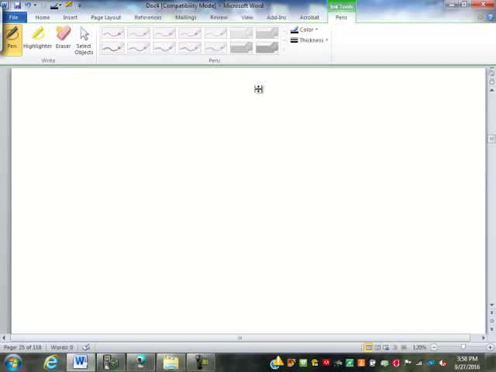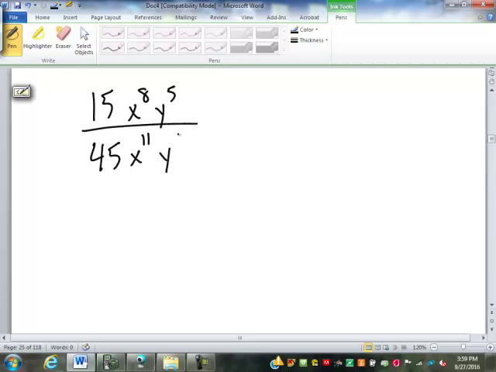So we might have something like this. If we're told to reduce this fraction, I'm going to take my 15 over 45 and reduce the numbers separately.